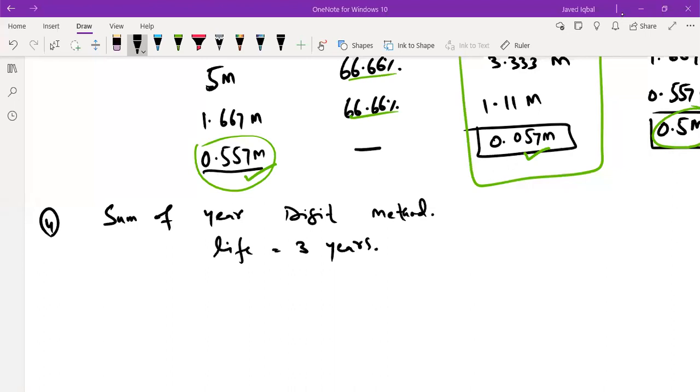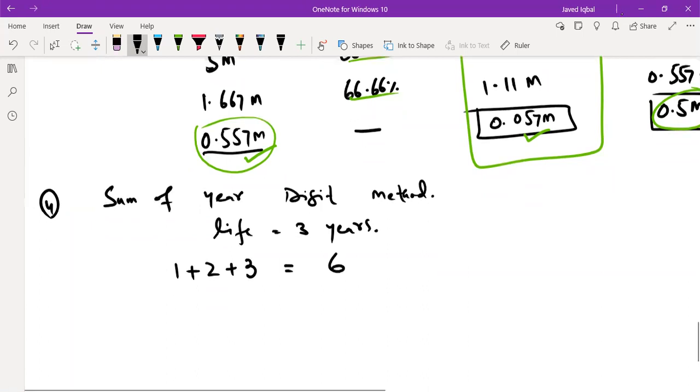So the sum of year digit method asks us to add all these years. So you had 1, 2, 3 for 3 years. So you would add these numbers, you'll get a total multiplier of 6.